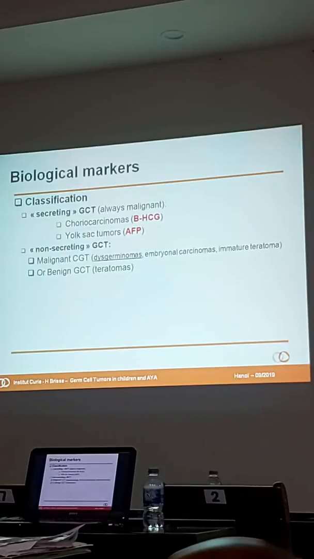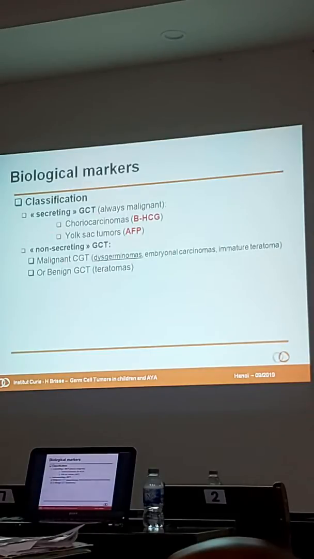So what to do with the results of the markers? If you find beta HCG or AFP, and sometimes both of them, you know it's a secreting malignant germ cell tumor. Those are always malignant.